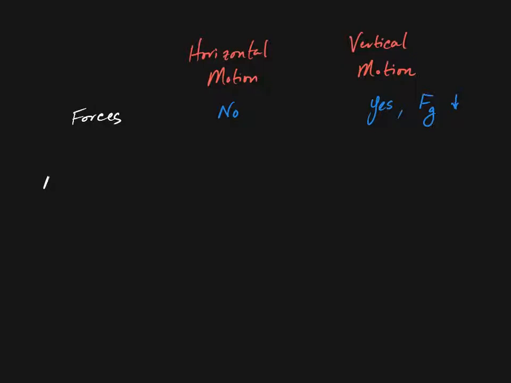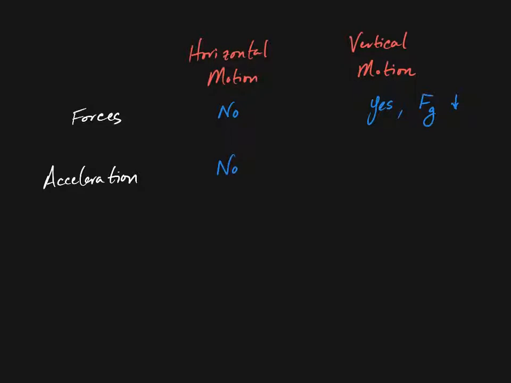Now, next thing I want to think about is acceleration. In our horizontal motion, think back to the horizontally launched projectile slide, the angle launched projectile slide. Did our velocity change? No, it did not. We had a constant velocity in both of those projectile motions at all times.